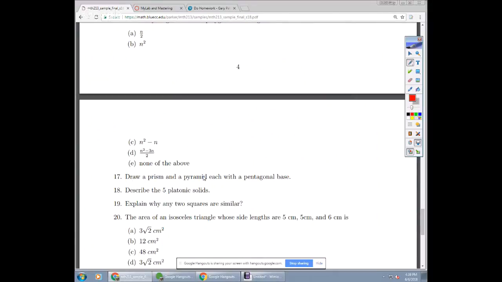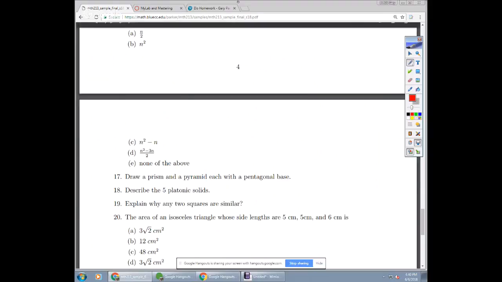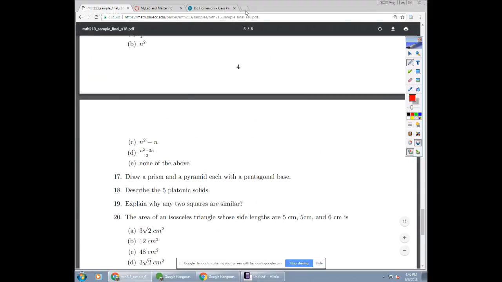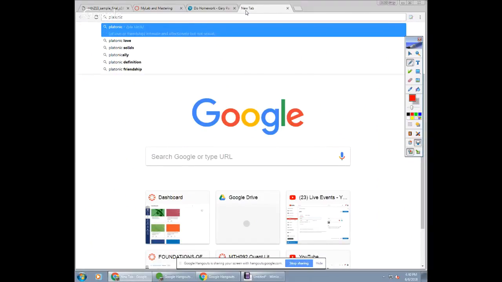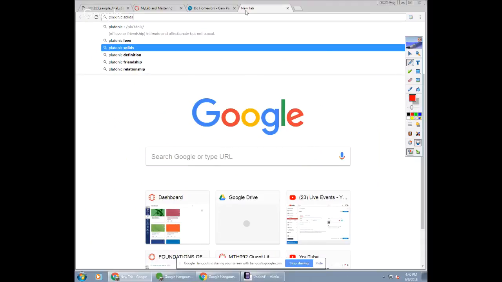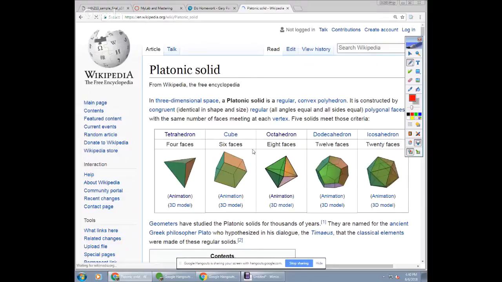So we described them in class the other day. You were out that day? Yeah, so this would be a question I would put probably on a take-home test, unless I had you have open notes, because you need to see them. Let's just look them up and see what we can do to describe them. Platonic solids, Wikipedia. Oh, here they are, that's very nice.